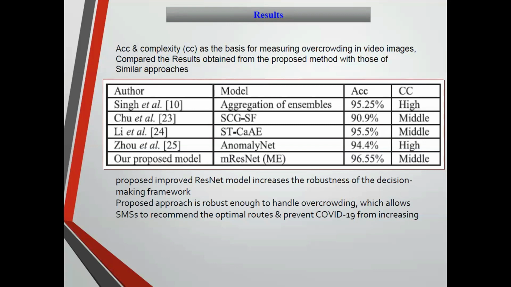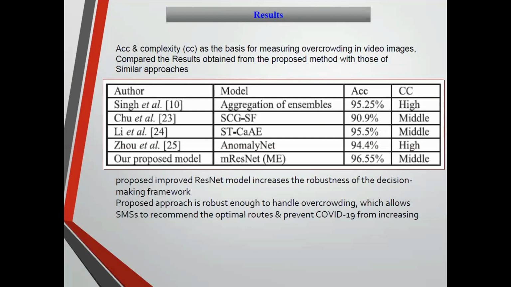So accuracy and complexity are the basis for measuring overcrowding in video images, and it compared the results obtained from the proposed method with those of similar approaches. In the first paper, you see that the aggregation of ensemble models provides 95.25% accuracy, where the complexity is too high.